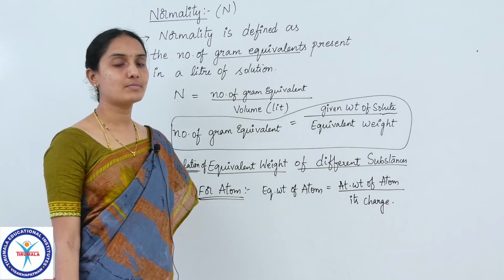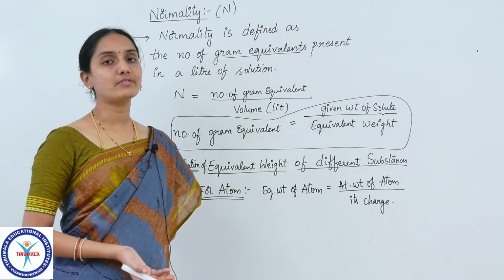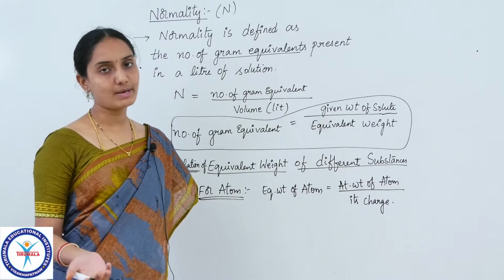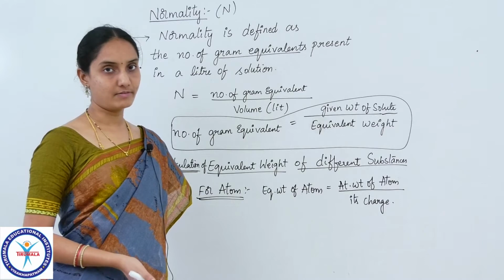For example, for magnesium you take its atomic weight and divide it by its common charge. Generally magnesium exhibits a +2 charge, so you just divide by that.